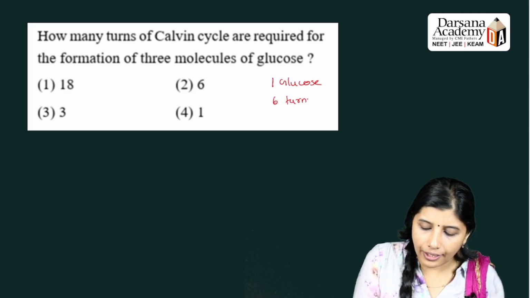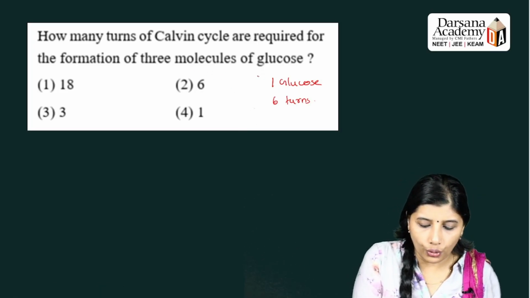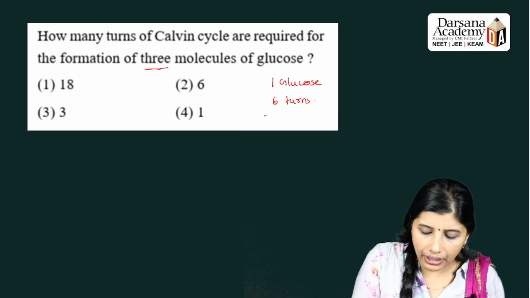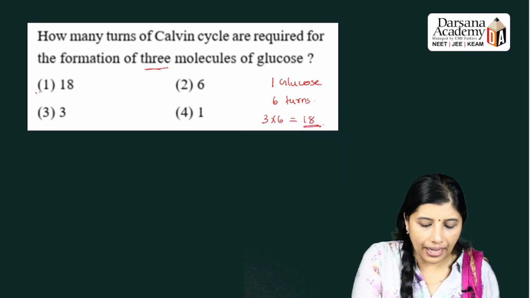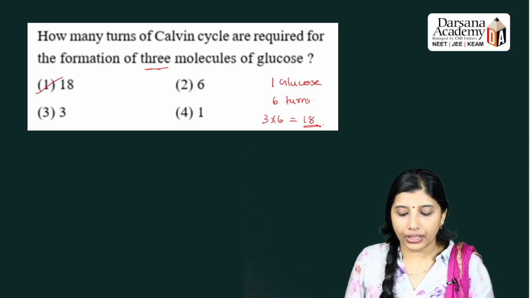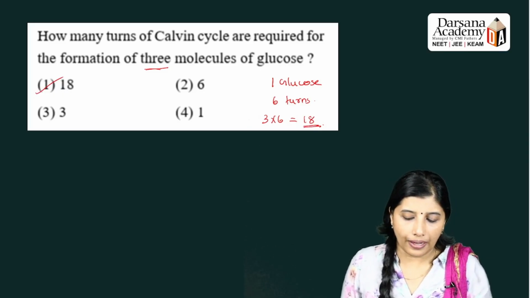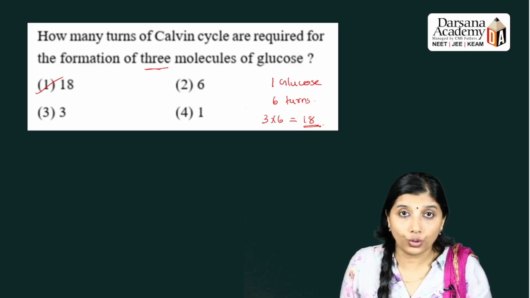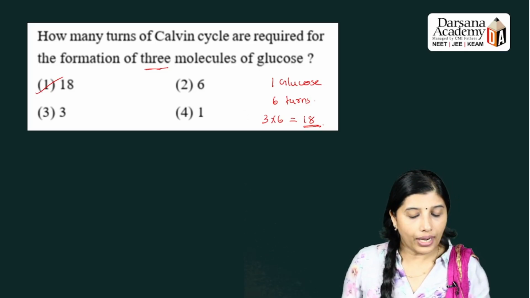So 3 molecules of glucose need 3 into 6 turns, that is 18 turns. That's important. The answer for this question is option 1.